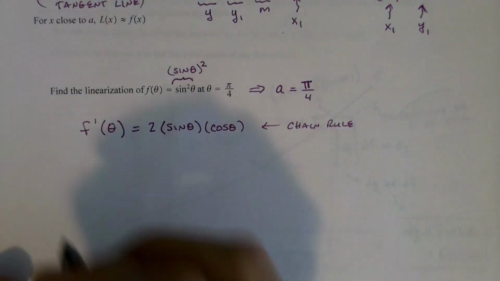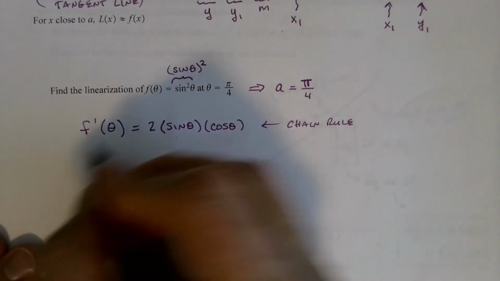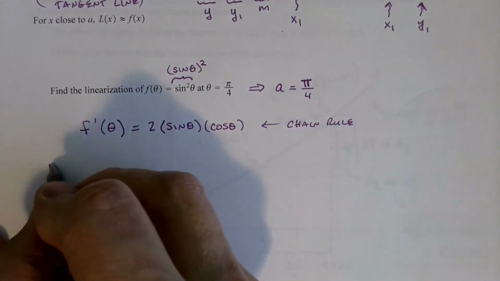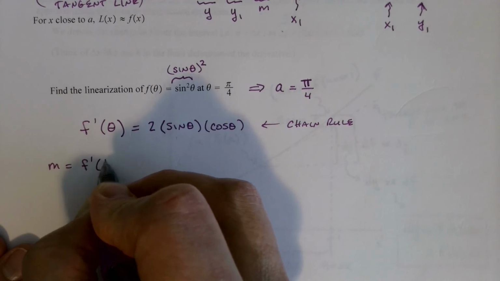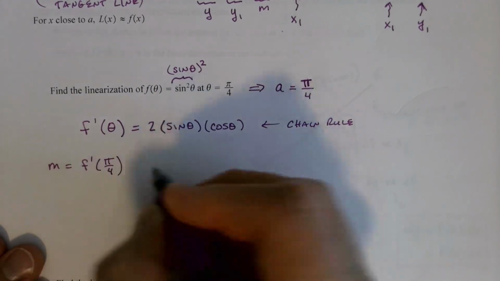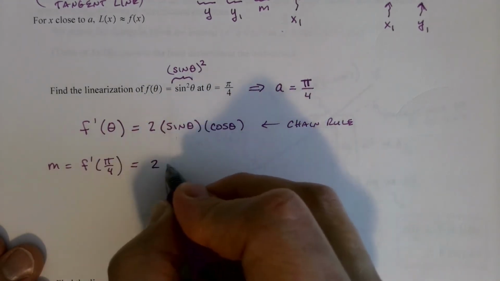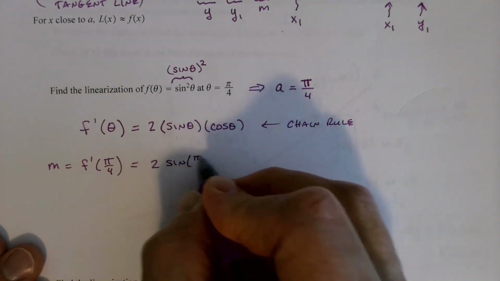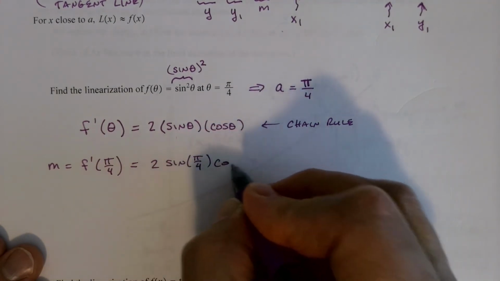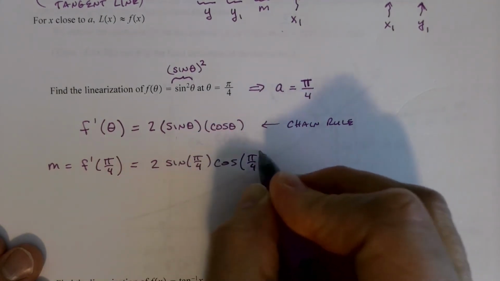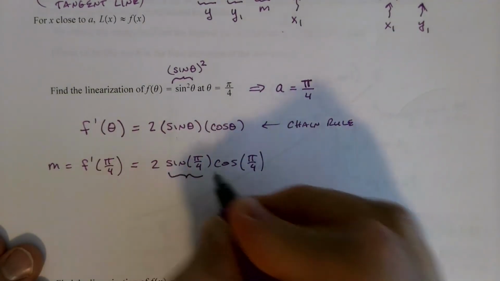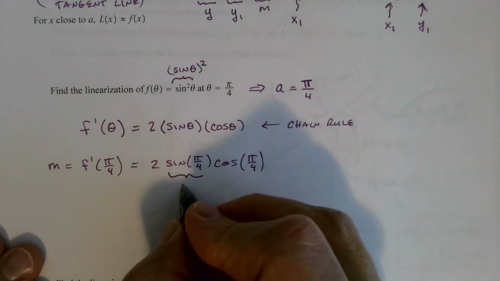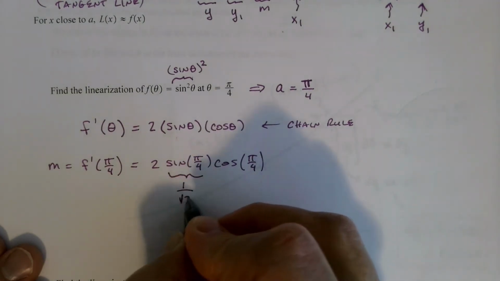Okay, and so our slope, our f prime of a, the slope of our tangent line is that, and I just plug in. Now the sine of pi over 4 is the square root of 2 over 2, or 1 divided by square root of 2.